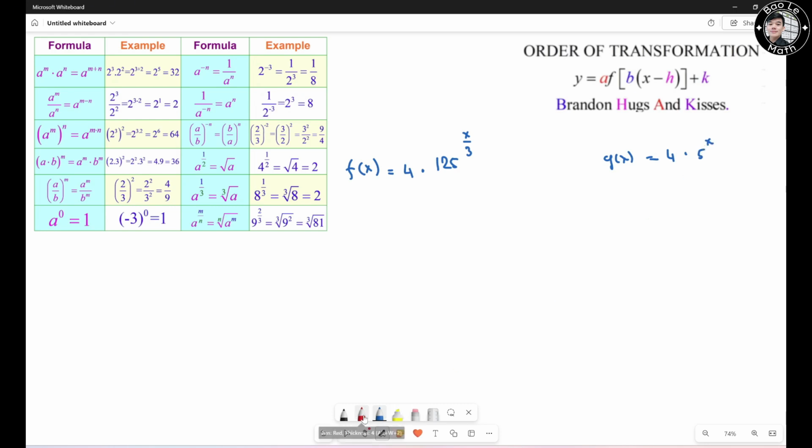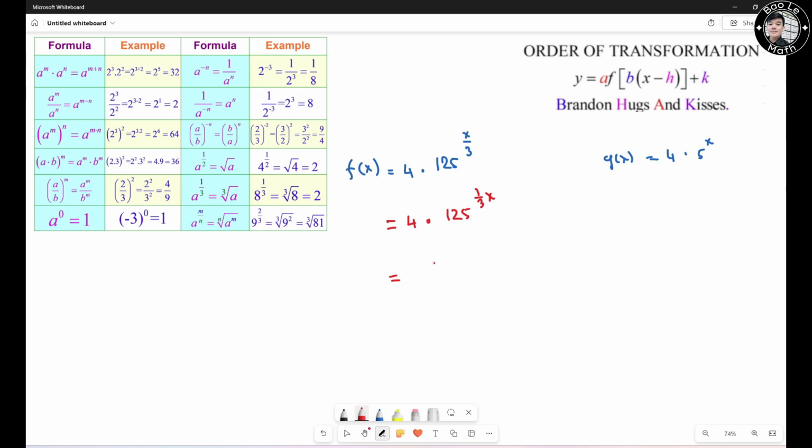Alright, so I'm going to do another way. So I start from here. I need to manipulate this one. So it turns out to be 4 times 125 raised to the 1/3 s, right? s over 3, I just rewrite like this.